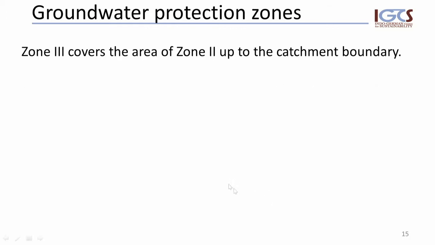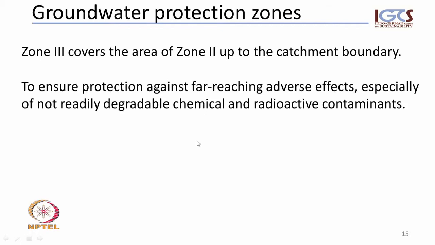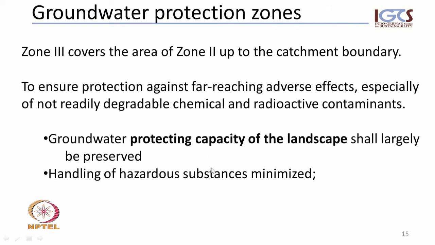Now, zone 3 covers the area of zone 2 up to the catchment boundary, and this shall ensure protection against far-reaching adverse effects, especially of not readily degradable chemical and radioactive contaminants, which would travel long distances and remain over long periods of time in our water bodies.